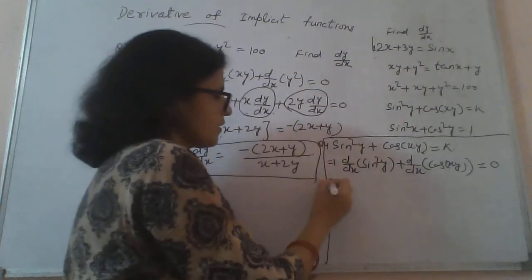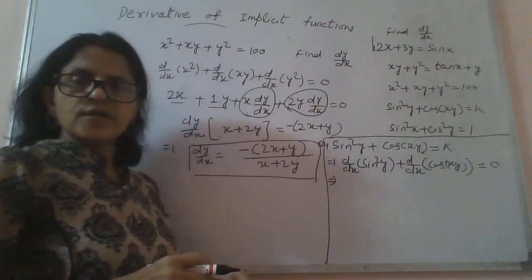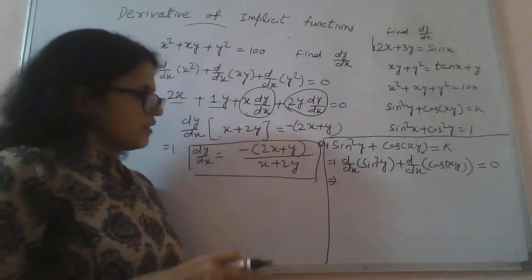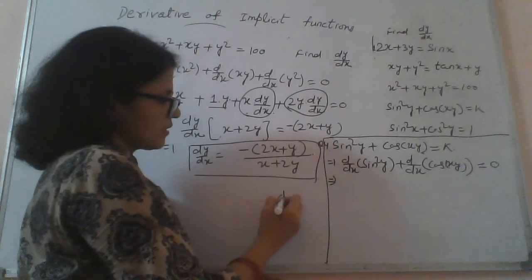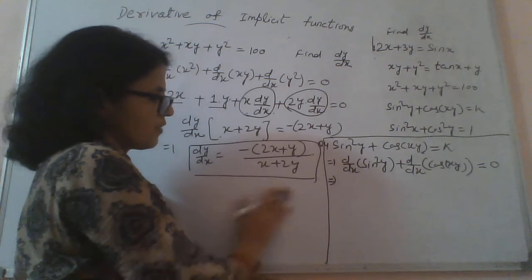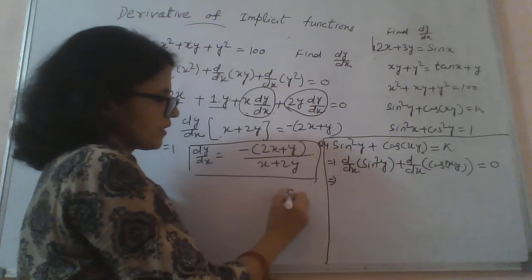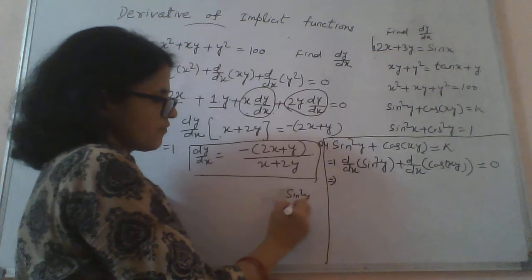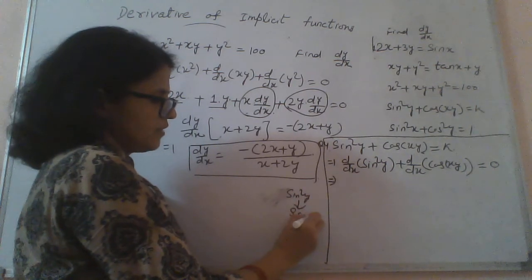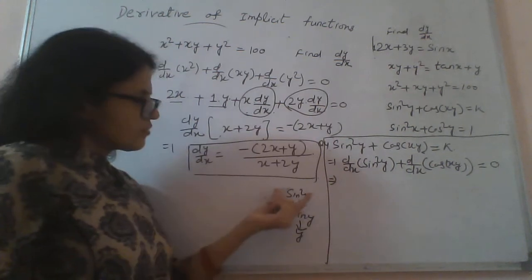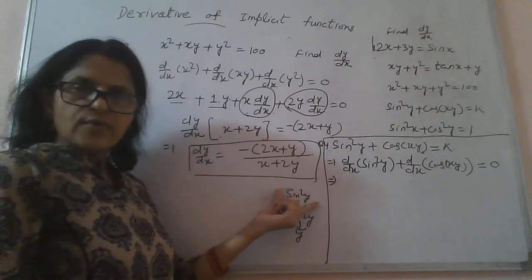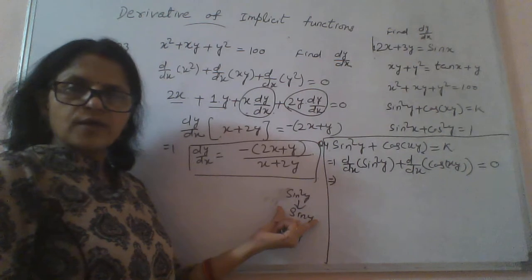Now this implies d by dx of sin square y. So see the steps. Whenever you write d by dx of sin square y, sin square y is a function of sin y, which is a function of y, right? So derivative of sin square y with respect to sin y.